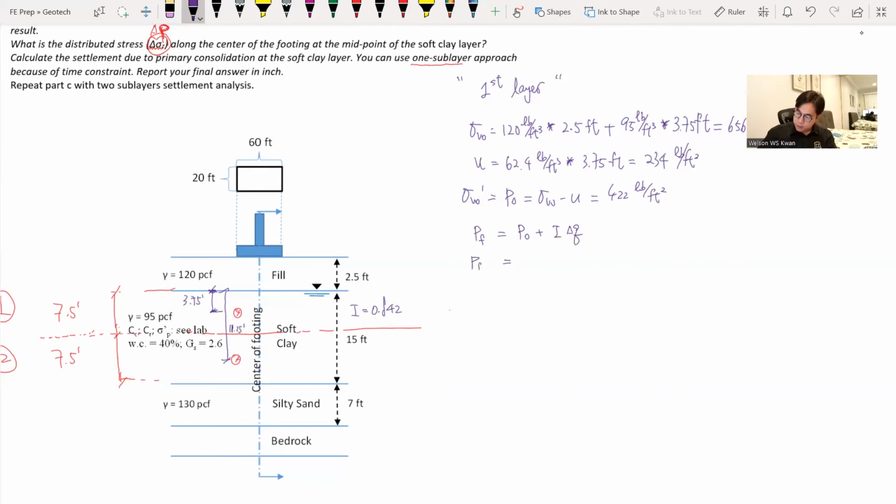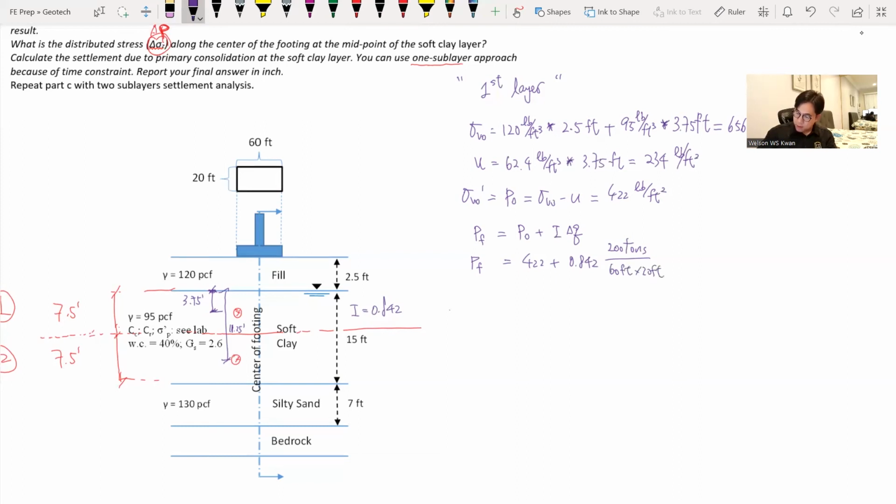We know the initial stress we just calculated is 422, and the I value is 0.842, and the surcharge is 200 tons divided by the area times the influence factors again.